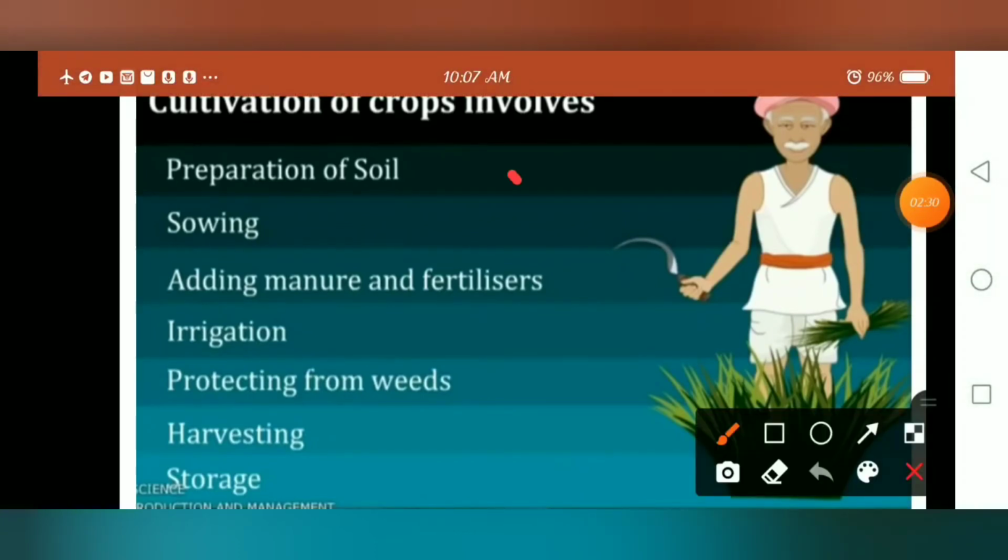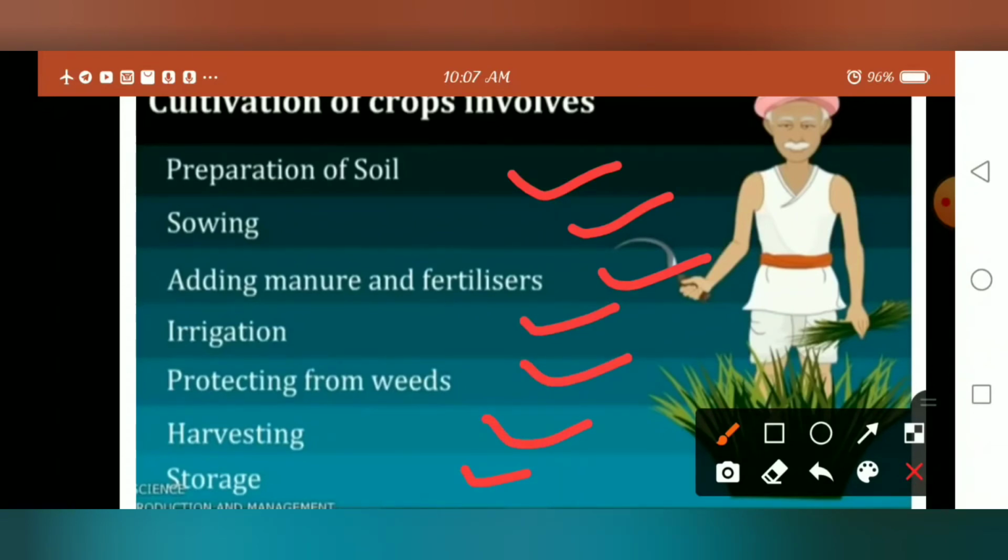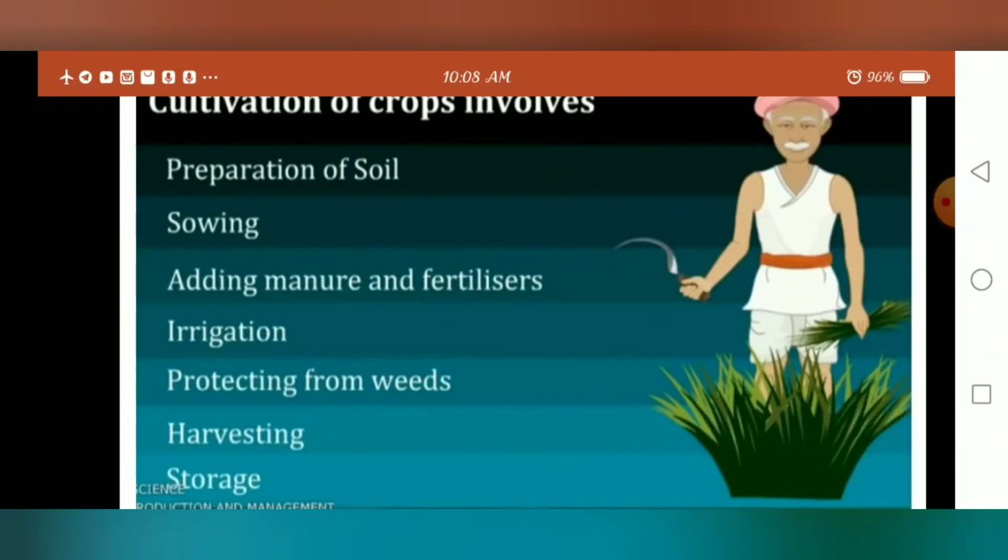See here: preparation of the soil, sowing, adding manures and fertilizers, irrigation, protecting from weeds, harvesting and storage. These are the steps that should be followed before growing the crops. Among them, the first one is preparation of the soil. In today's session we will discuss the first one, preparation of the soil.